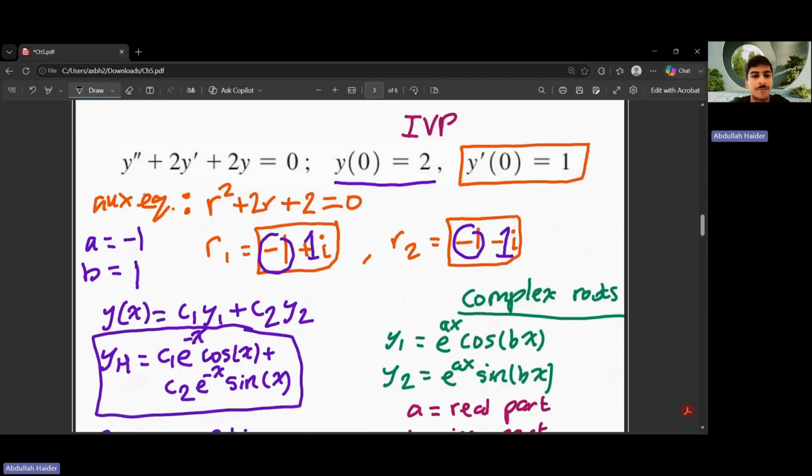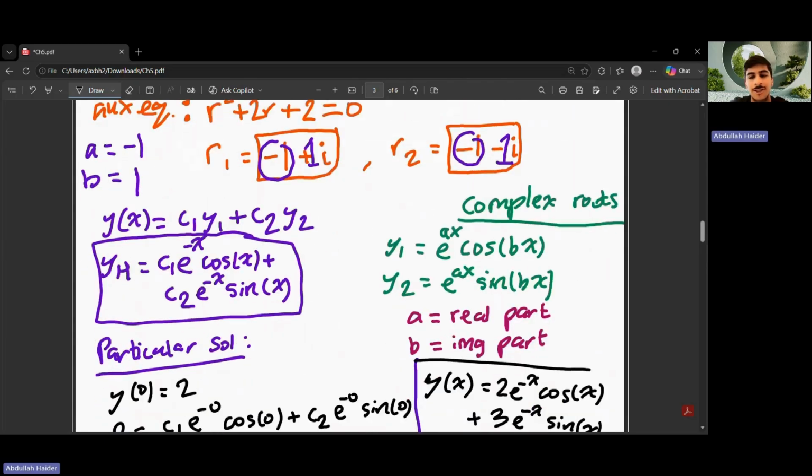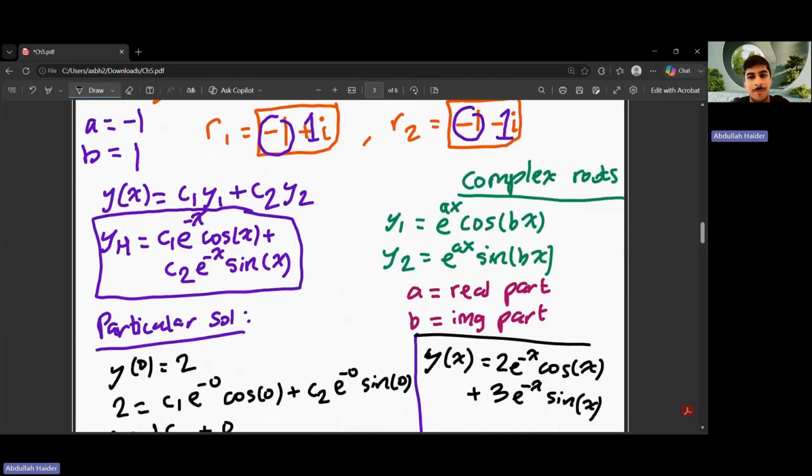And if you have complex roots, you will always have y1 equal to e power ax cosine bx, and y2 equal to e power ax sine bx, where a is the real part and b is the imaginary part. So just remember that the homogeneous solution will be C1 e power ax cosine bx plus C2 e power ax sine bx.